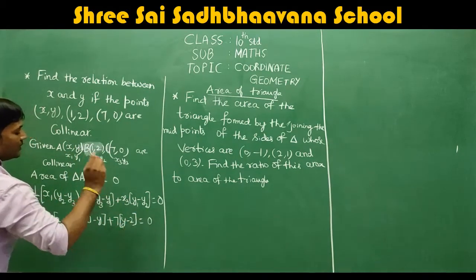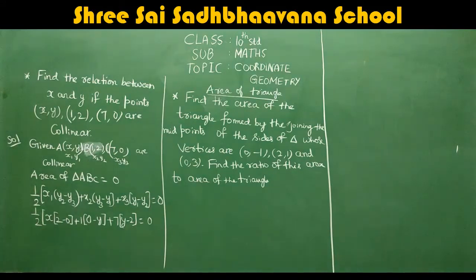This should be equal to 0. What I am doing is just substituting the x1, y1, x2, y2 and x3, y3 values. So x1 is x, y2 is 2, 2 minus 0, y3 is 0. And x2 is 1, so 1 into y3 minus y1, so 0 minus y. Correct. So plus x3 into y1 minus y2, so 7 into y minus 2.